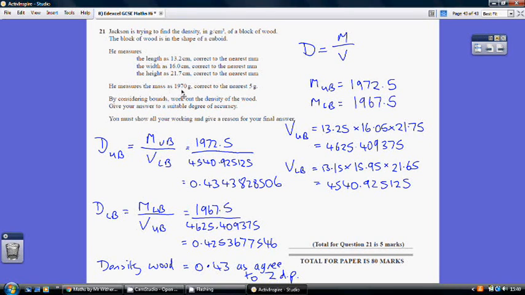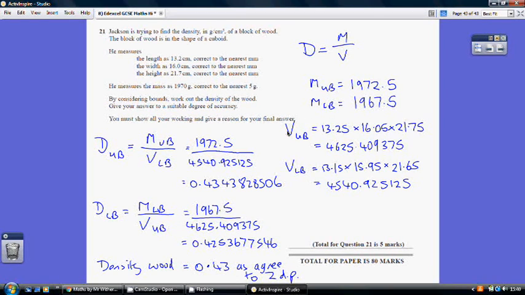The mass is 1970, correct to the nearest 5 grams. Because it's correct to the nearest 5 grams, we go up or down half this amount, 2.5 grams. So my upper bound for mass is 1972.5 and my lower bound for mass is 1967.5.